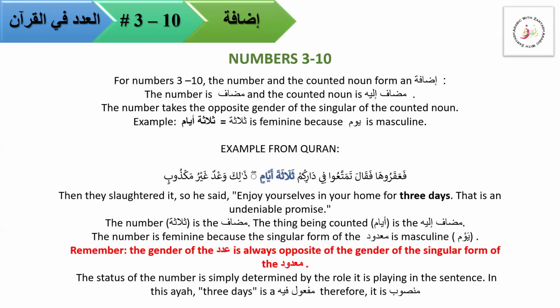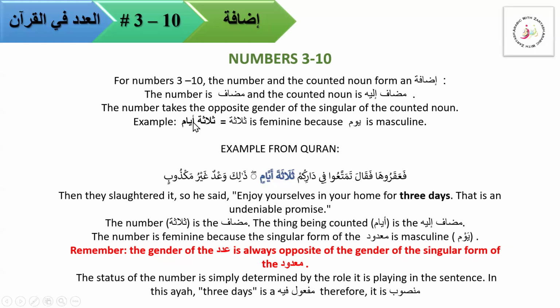For example, let's see here to make this point clear. It is thalatha ayyam. So here you can see this ta marbuta. So why ta marbuta? Because let's see the madud. This is the plural form, and the singular form of ayyam is yawm. And we know that yawm is masculine.